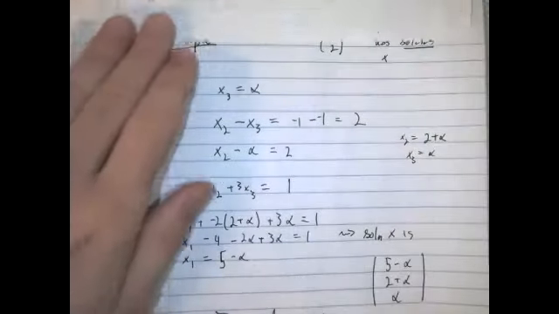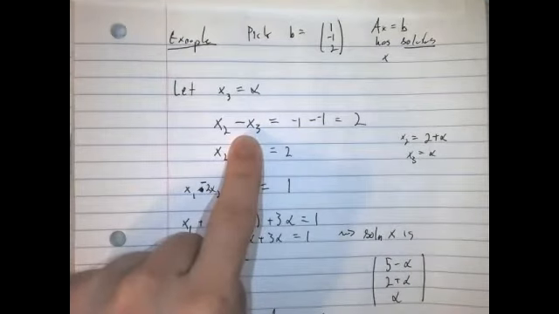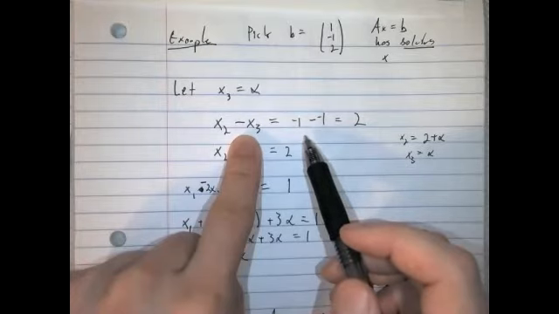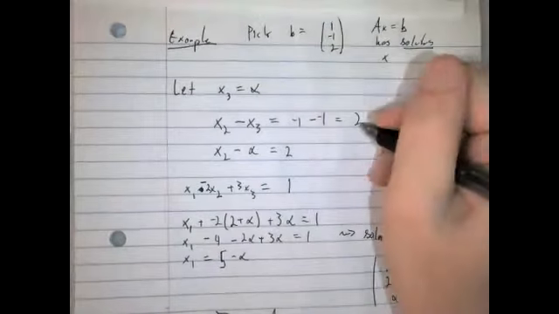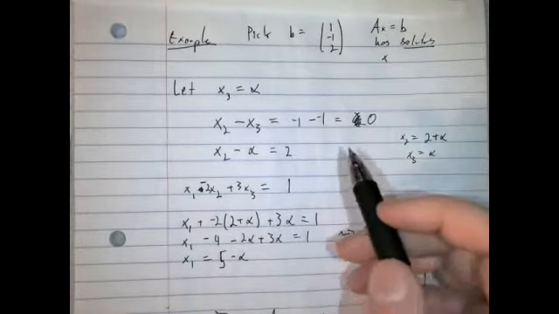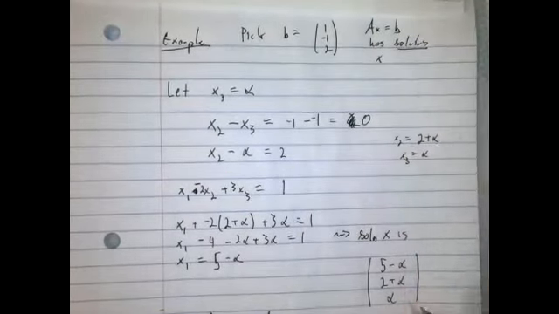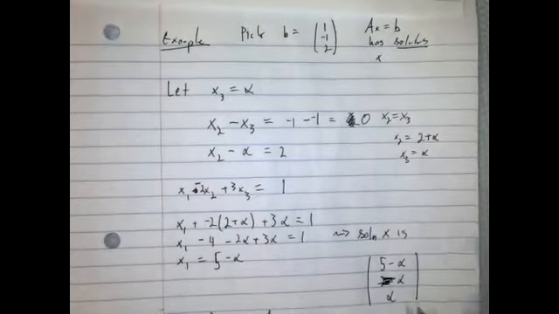On the line there, x2 minus x3 equals -1 minus -1. Shouldn't that be 0, not 2? Oh, shoot. You make a good point. So really what this should be is x2 minus x3 is equal to 0. So this means that x2 is equal to x3, in which case this should also be alpha.